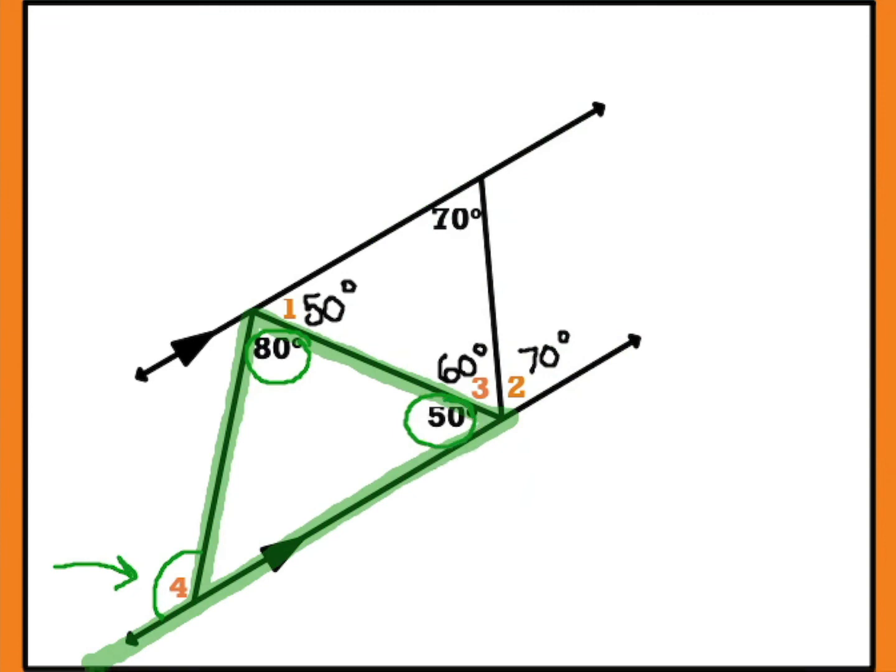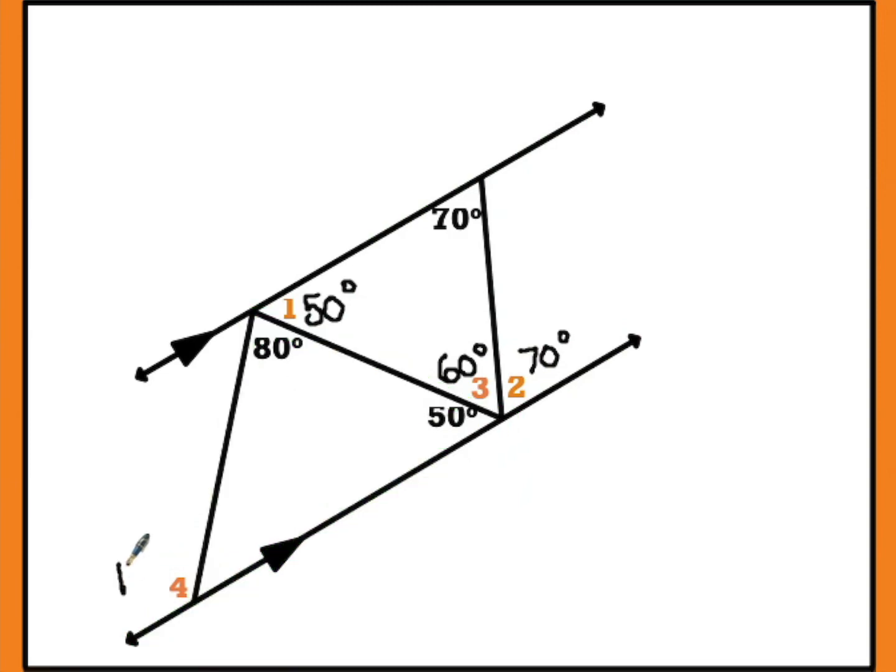That would be a nice easy way to find the measure of that exterior angle. So 80 plus 50 is 130, and that would give us angle 4 right away. The exterior angle theorem. So we have lots of good problem solving tools now for finding lots of missing angles.